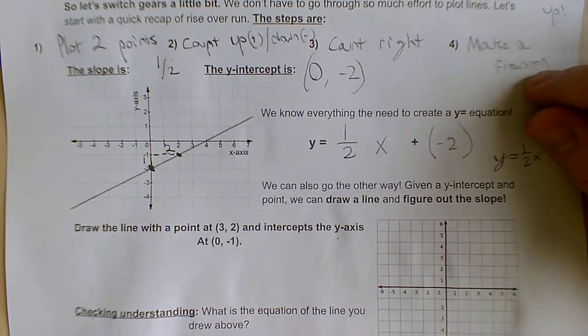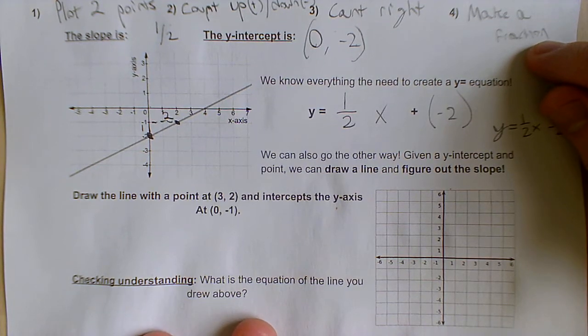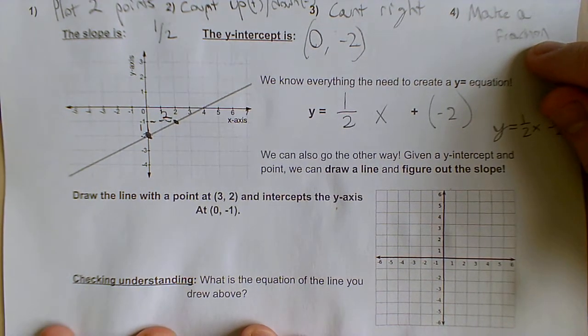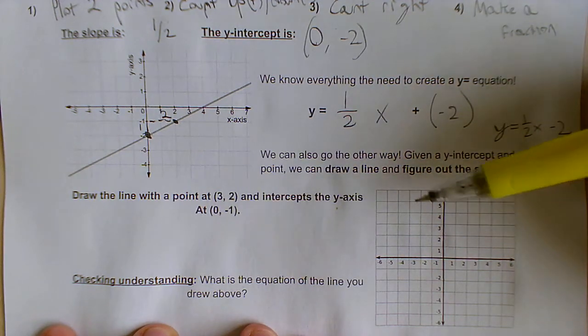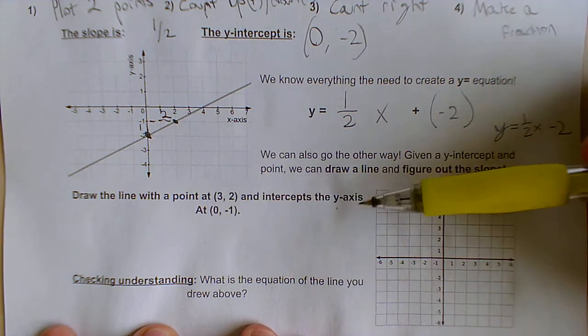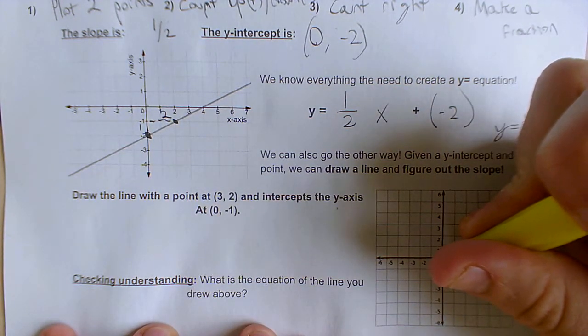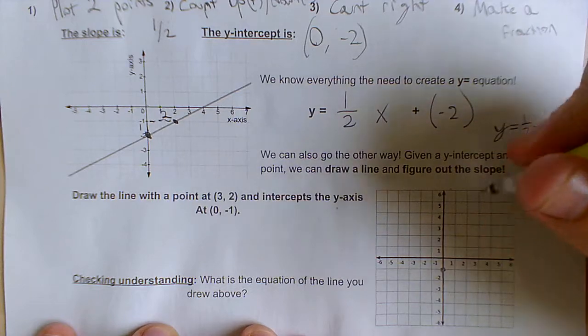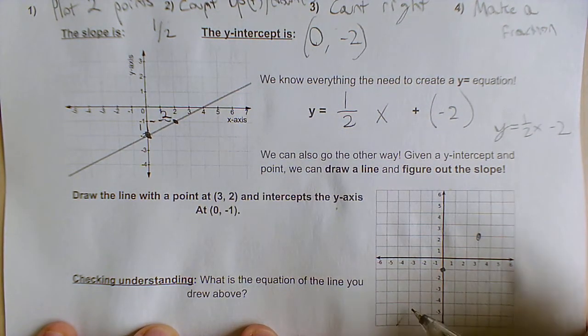So we can also go the other way. Given a y-intercept and a point, we can draw a line and figure out the slope. So we're going to draw the line with a point at 3, 2, and intercepts the y-axis at 0, -1. I've got one point here, and another point right here at 3, 2. I'm going to connect these with a line.